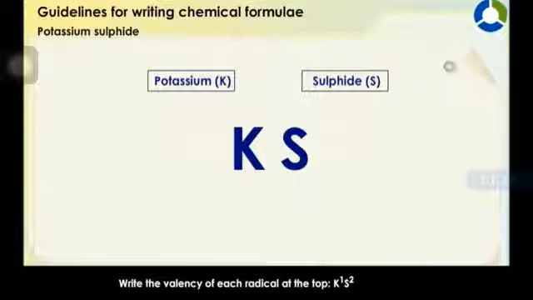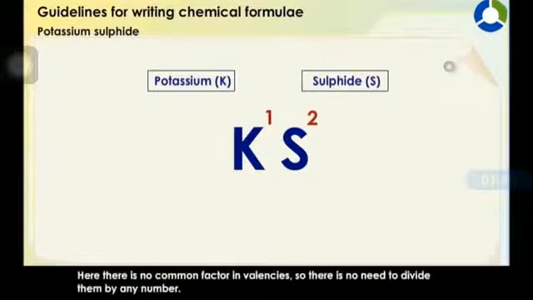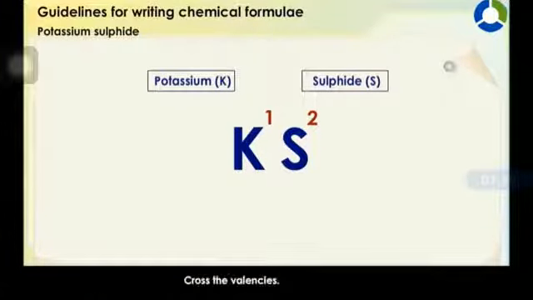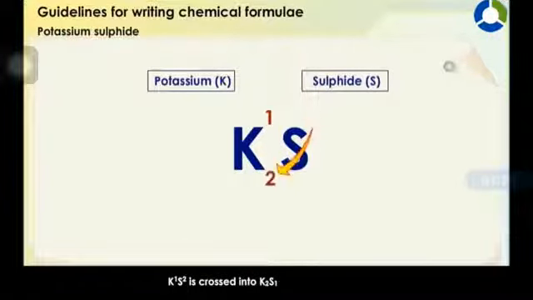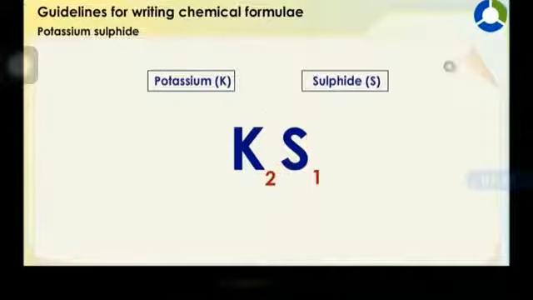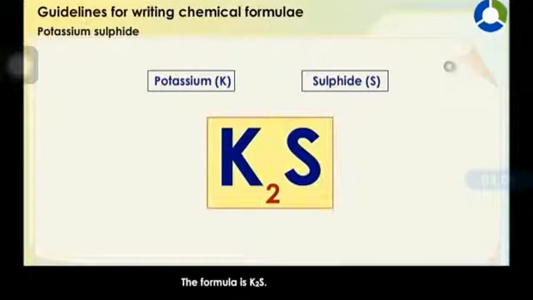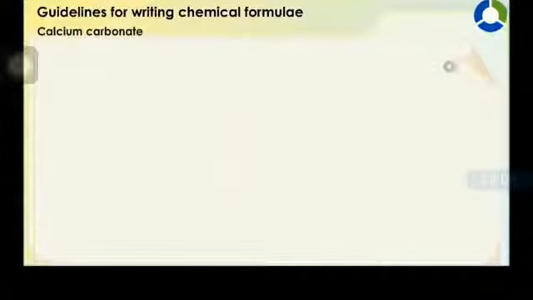K valency 1, S valency 2. Here, there is no common factor in valencies, so there is no need to divide them by any number. Cross the valencies. K1 S2 is crossed into K2 S1 or simply K2S. The formula is K2S.